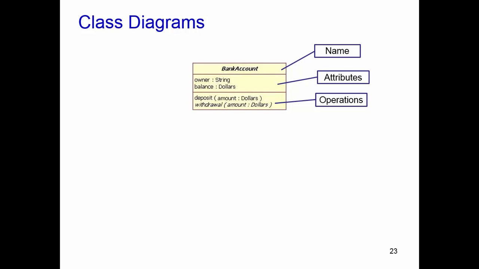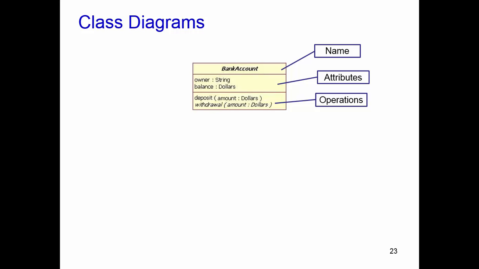So here's a class diagram representing a bank account. The way that you represent a class is with this box. At the top, you're going to have a name for the class, and in the middle box, you're going to have the attributes, meaning the characteristics of this class.